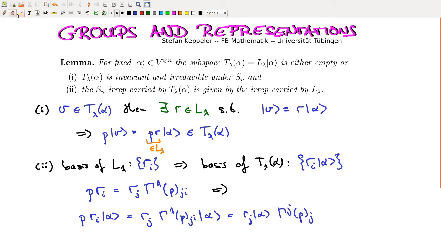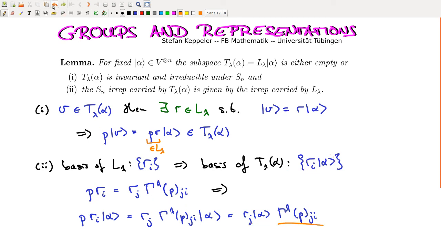Sorry, it's a gamma lambda of P, index Ji. So we see that we get a linear combination of the basis elements, and the coefficients are just the same as here.